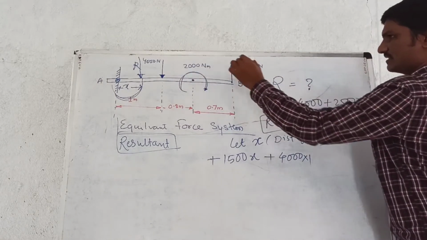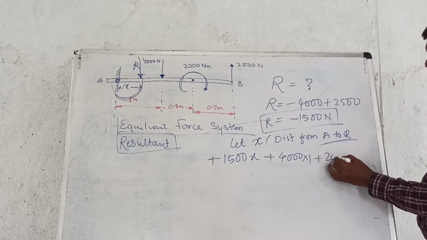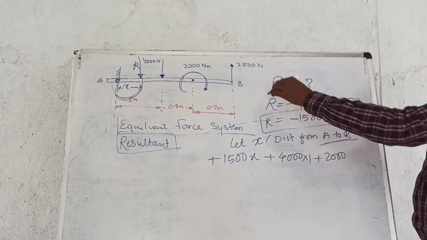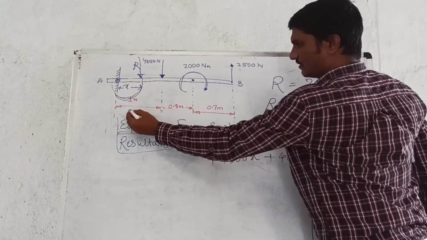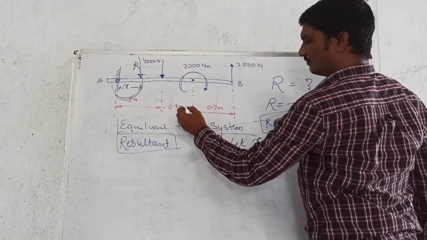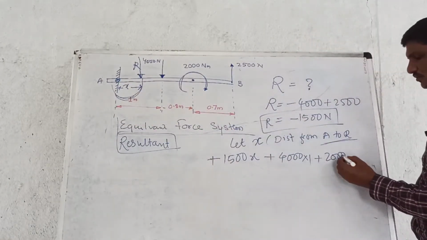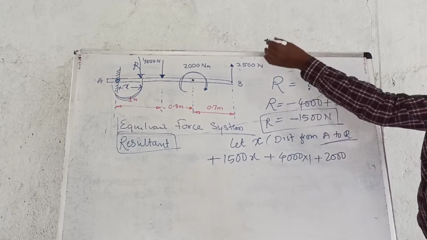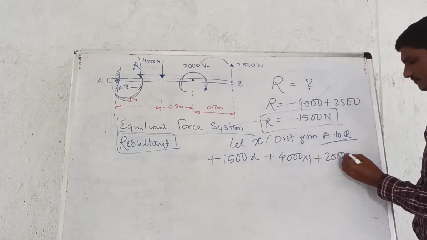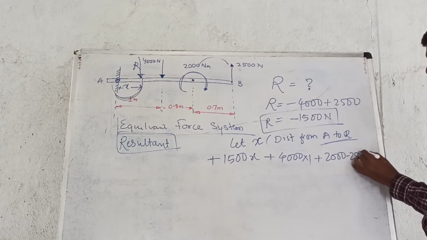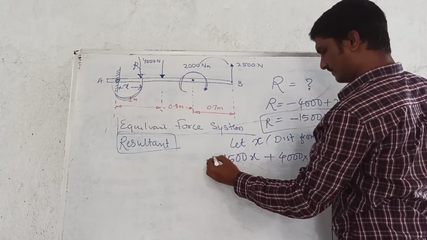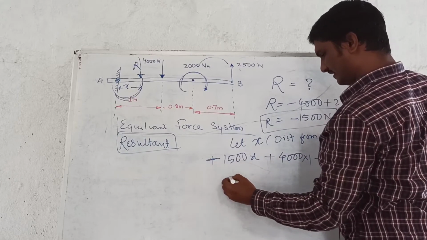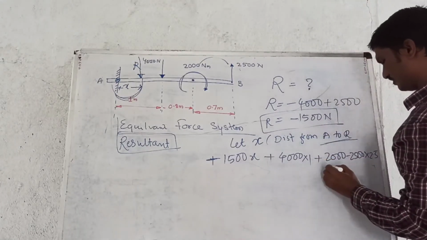Now another moment, the couple of 2,000. The direction of the couple is clockwise, so plus 2,000. Another force, minus 2,500, is at a distance of 1.5 plus 1, so 2.5. The direction will be anti-clockwise, so minus 2,500 into 2.5. So the moment at A is equal to 0.